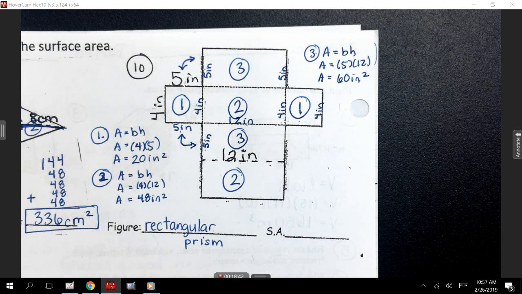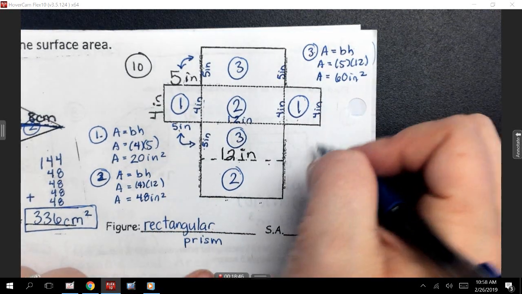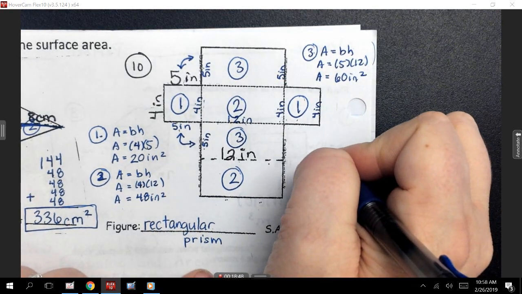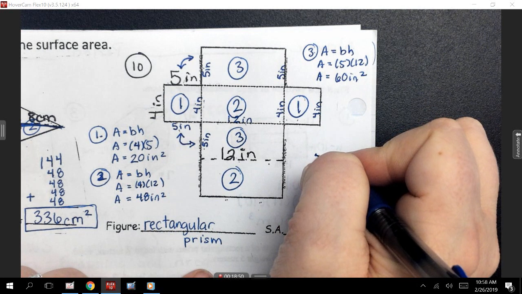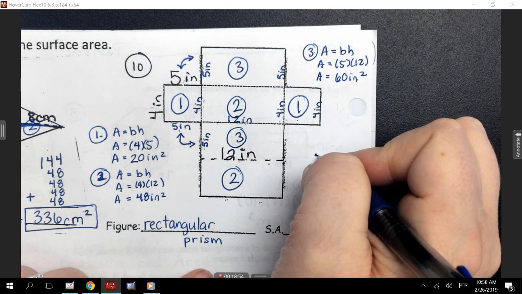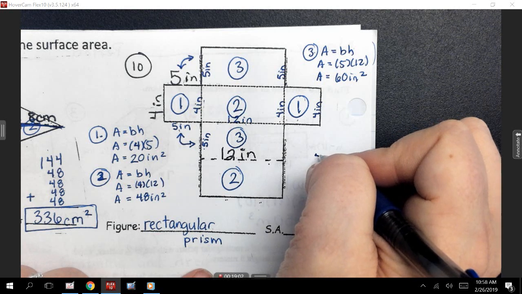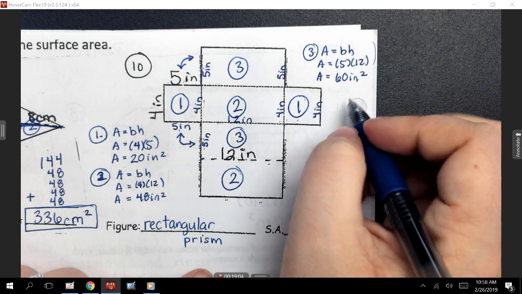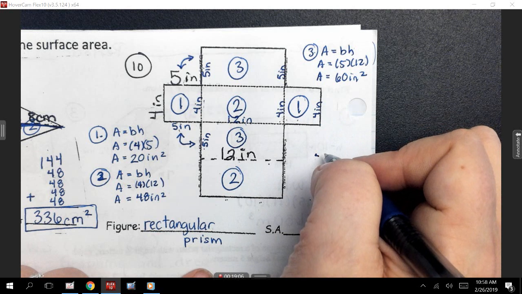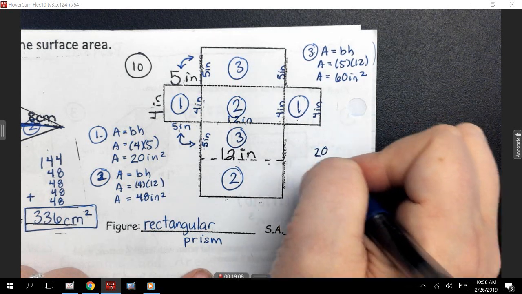Okay, so now let's see if someone can tell me what am I going to add together. What am I going to add together? Alana? Okay, so just give me a list of all the numbers that I need to do. 20 twice, perfect.